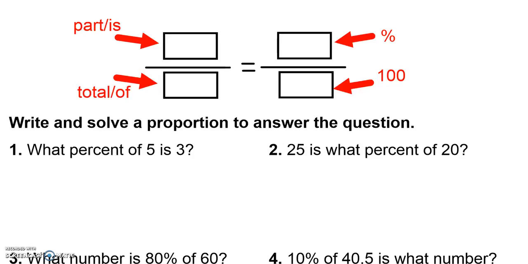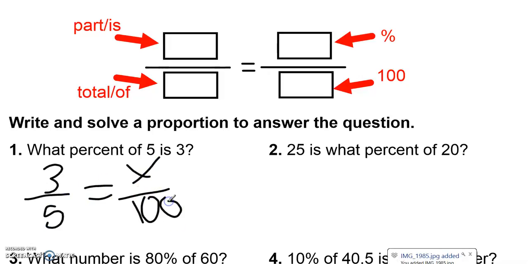So write and solve a proportion to answer the question. So I'm probably just going to do like these two, and I really encourage you guys to do these two. Okay? So what percent of 5 is 3? So is at the top, of is here, we don't know the percent, and that's an automatic 100.